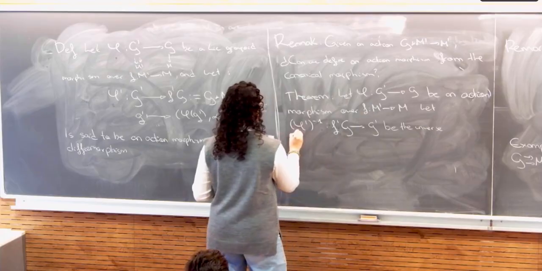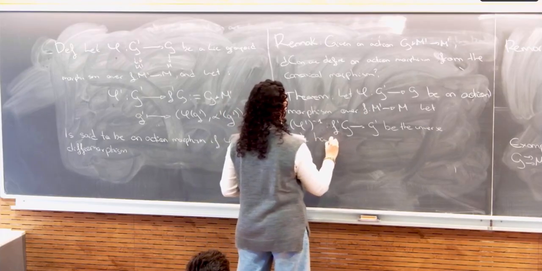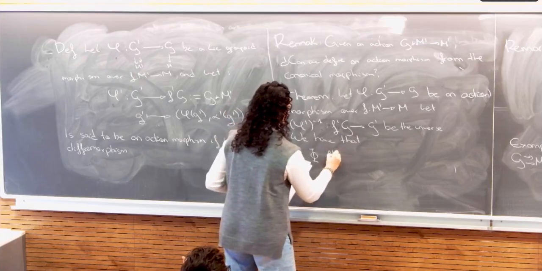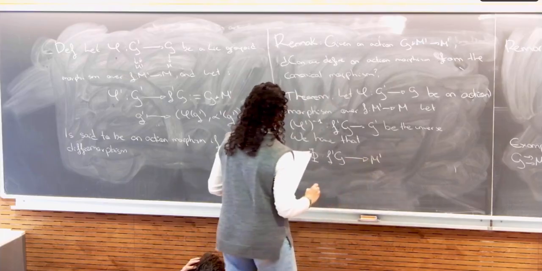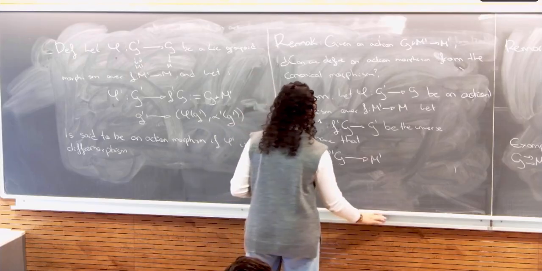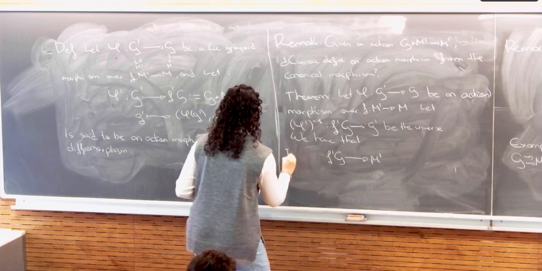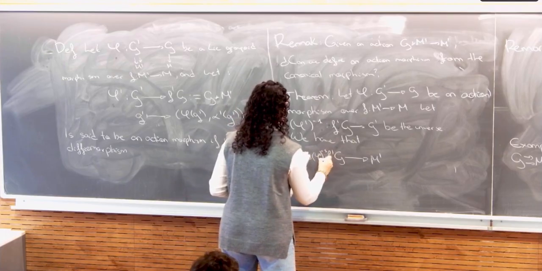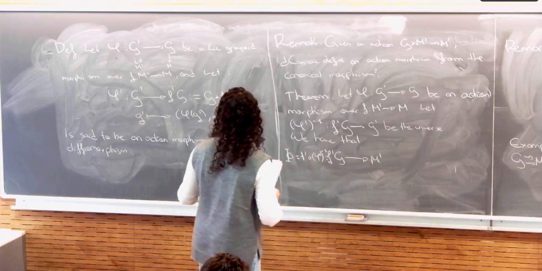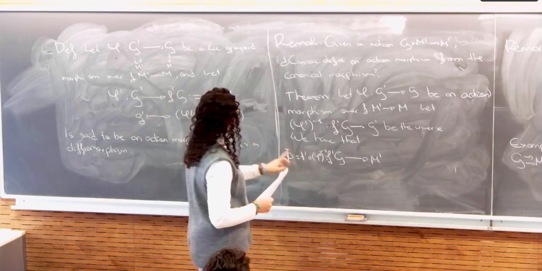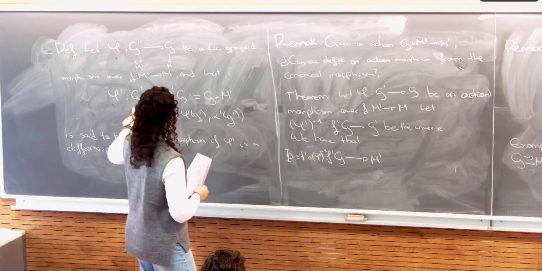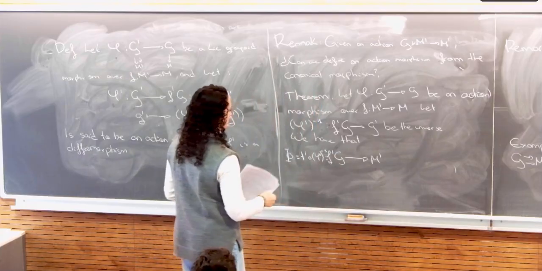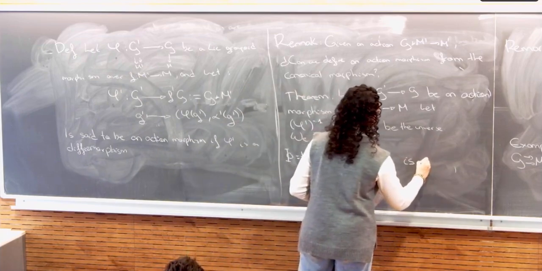Then we have, going from this to this, if we compose the map, the inverse of phi prime, that takes elements of the fiber product into the first groupoid, and then the target of the first groupoid, then we end up in M prime, and this defines an action.